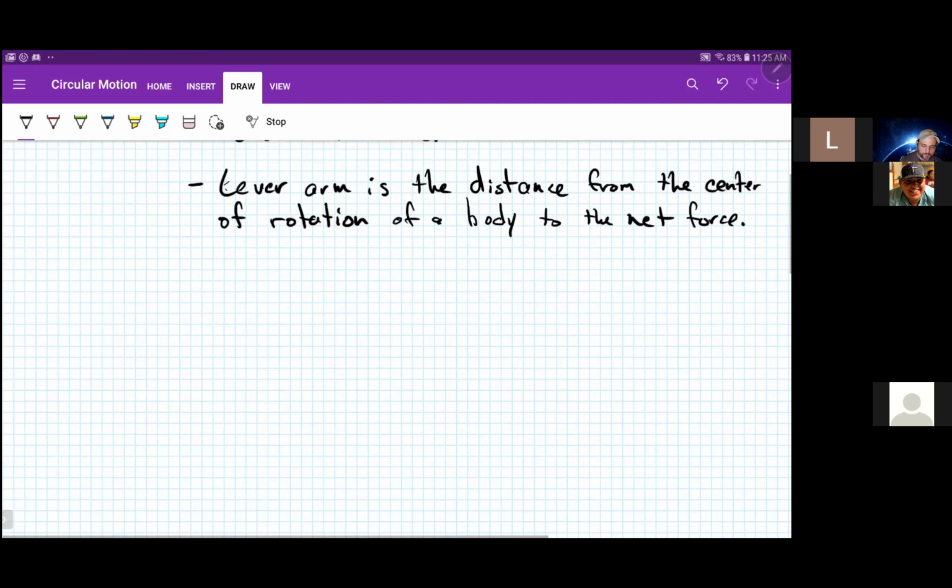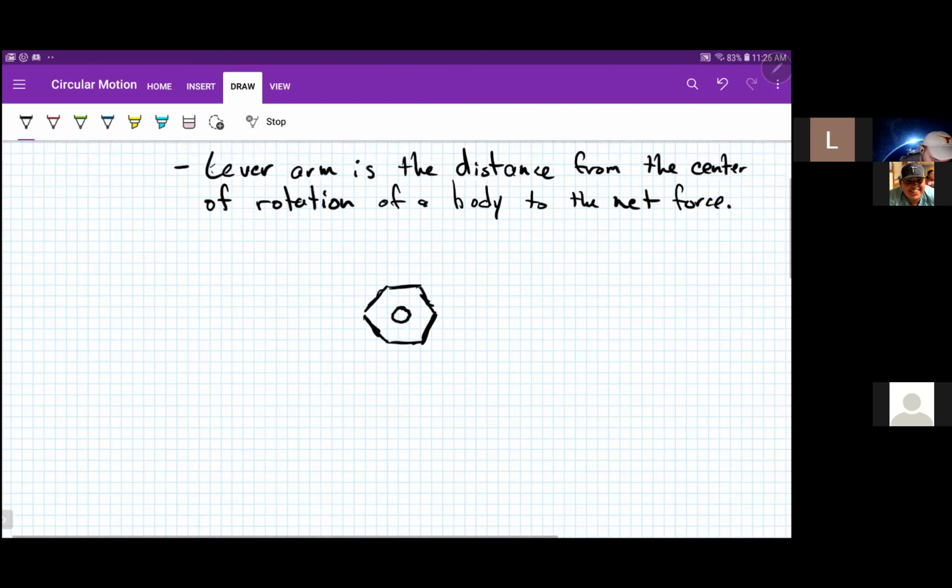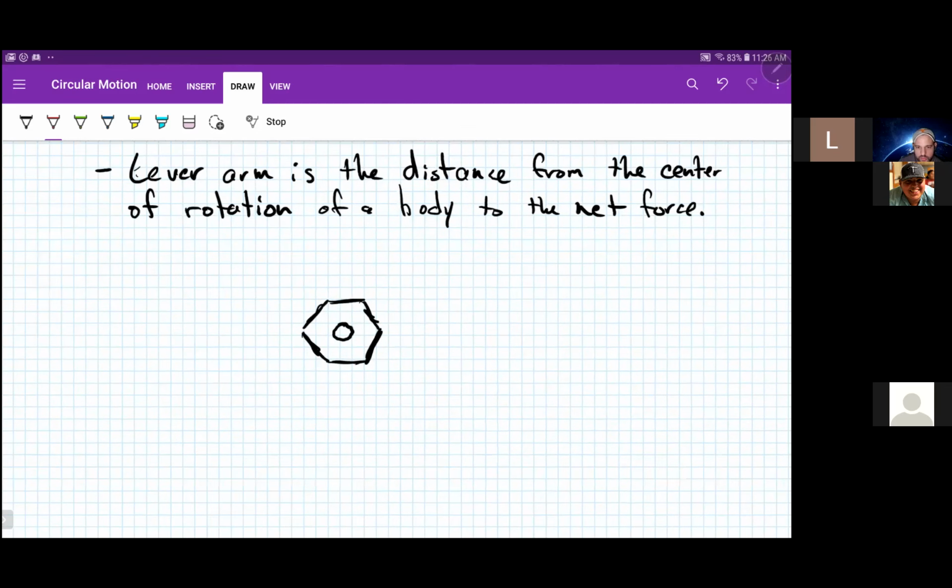Let's say we're screwing a nut onto a bolt. Here's our nut, here's a hole with a nut. Now we've got this wrench that we're going to use. See if I can draw it as well as I did in my notes.